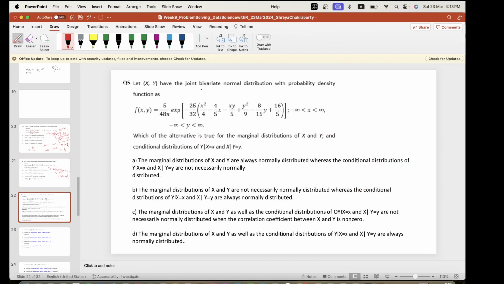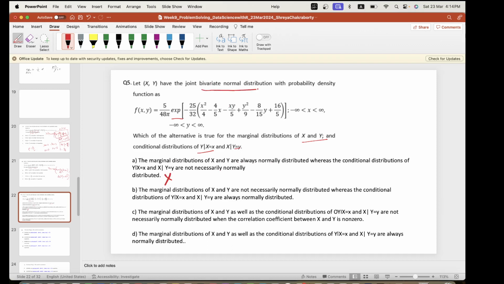Let's say this one. If x and y have a joint normal distribution with probability function as this, which of the alternatives is true for the marginal distributions of x and y and conditional distributions of x and y? Marginal distributions are always normally distributed. Conditional distributions are not necessarily normally distributed. This is false.